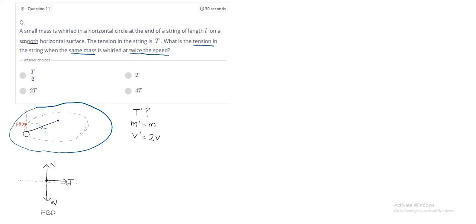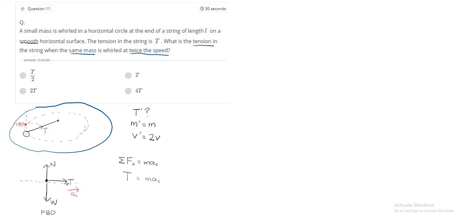Now they ask for the tension, and we know tension is, in this case, a centripetal force. It's quite obvious, so let's do it. Sum of Fx is equal to mac. The center is here, so we know that it will just be tension equals mac.